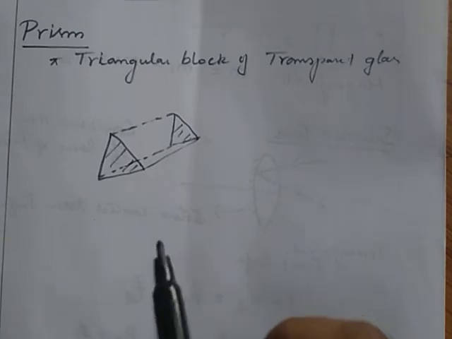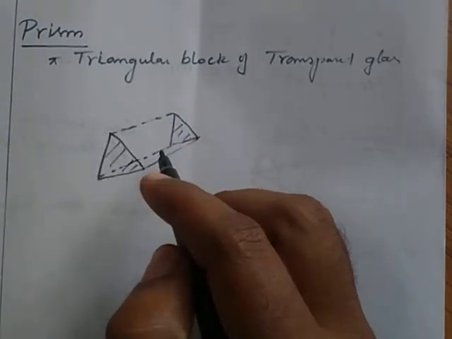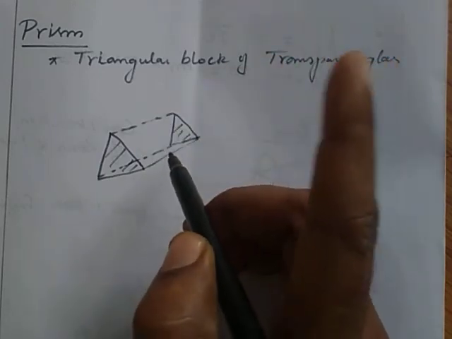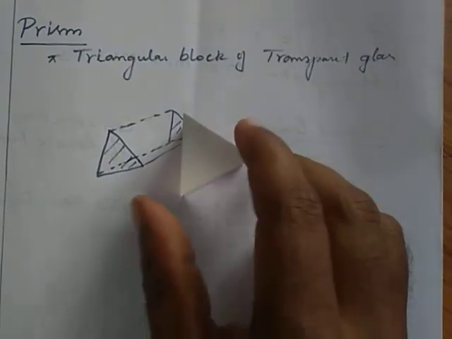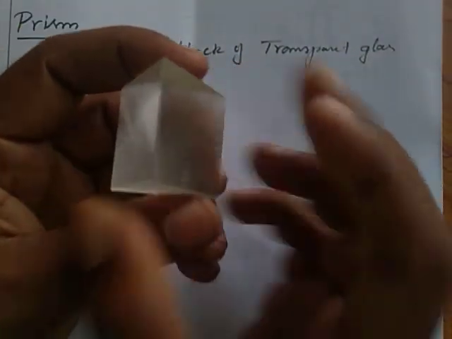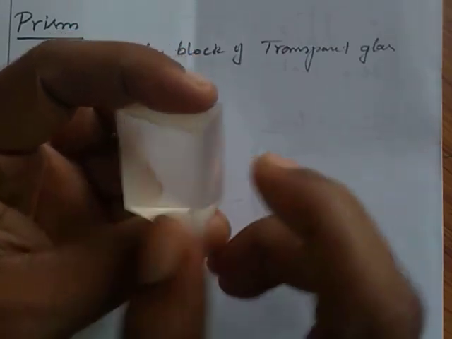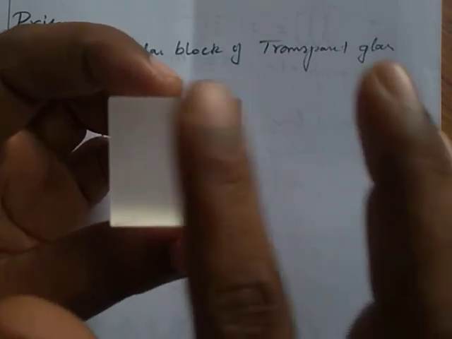Here it is bounded by 3 plane faces. One face is rough and the other 2 faces are polished surfaces. See, these are the 3 faces. These 2 faces are polished surfaces that can refract light. This is a rough surface.